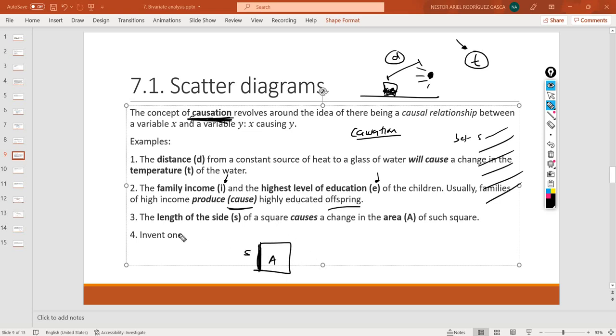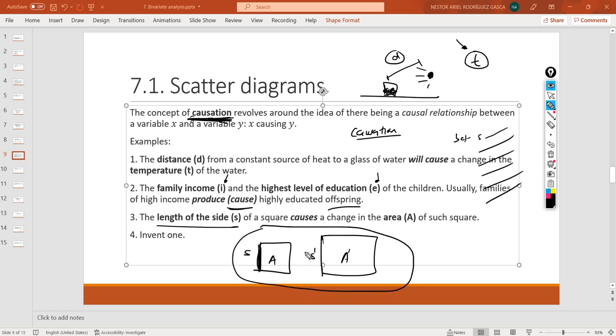It's clear that if I change the length of the side, S prime, A prime, because they are different, then the area will also change. If S goes up, A goes up. If S goes down, A goes down. So there is obviously causation in this very particular example.